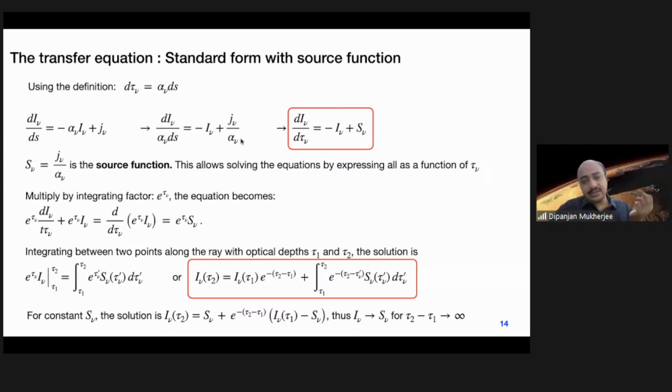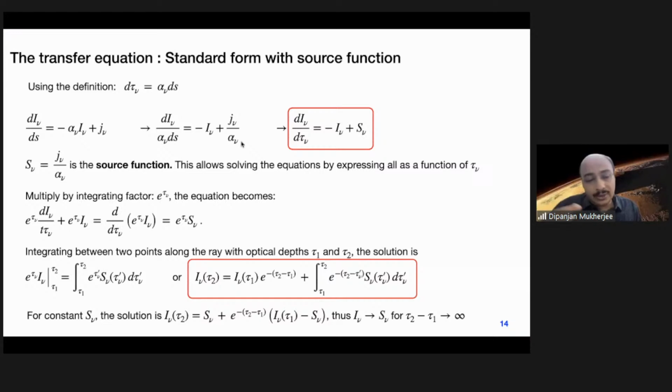Now, in the standard literature of radiative transfer, this has an interesting name called the source function. What it shows you is the ratio of the total amount of emission added to a particular ray divided by the amount of radiation taken out of the ray.